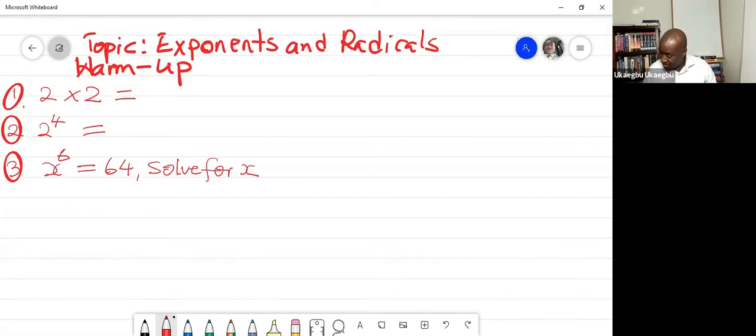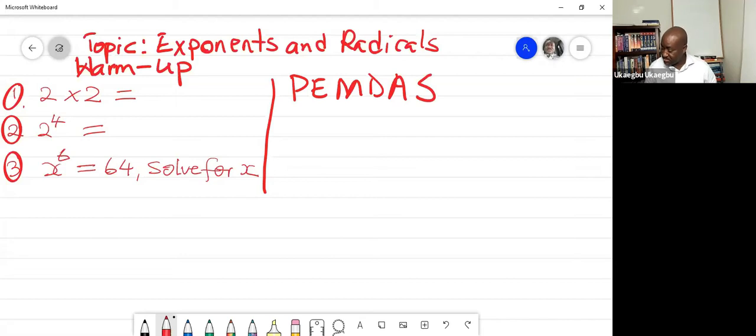So we got it. So what we just did is helping us to introduce the concept of exponents and radicals. And you have been hearing about exponents forever. You have been hearing it since you started learning PEMDAS. Remember PEMDAS, the arithmetic operations.